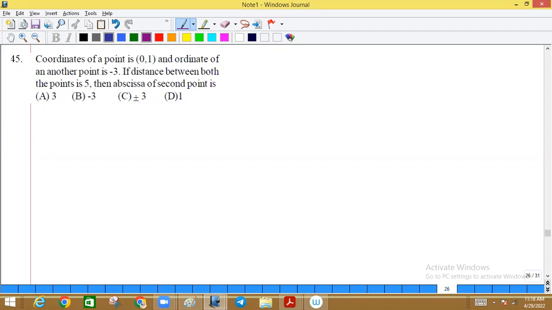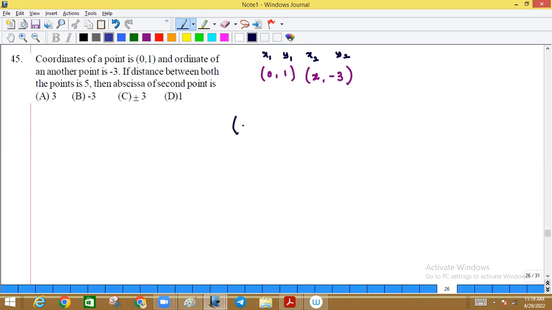Coordinates of a point are 0 comma 1. The ordinate of the other point is, ordinate means y coordinate, and we don't know the abscissa. The distance between both points is 5, then the abscissa of the second point is x. For the distance between both the points, use the formula with x1 y1, x2 y2.